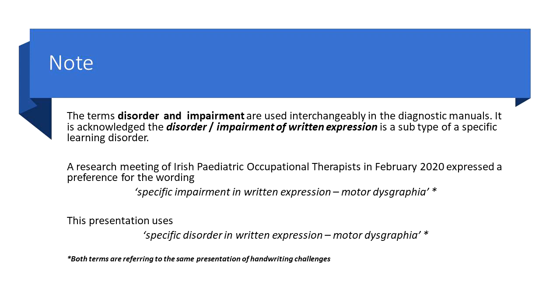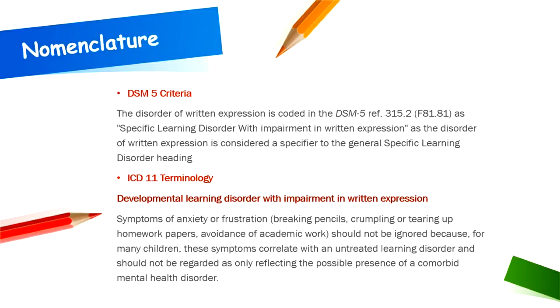remit of occupational therapists. The DSM looks at the severity of the condition, referring to mild, moderate, or severe difficulties with written expression, while the ICD does not. On this slide here, you can read the specific descriptions that the DSM and the ICD use to discuss difficulties with written expression.